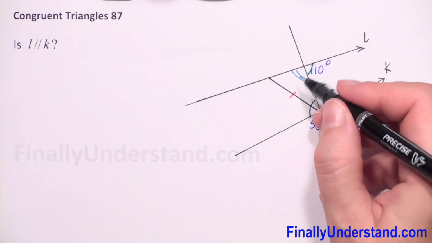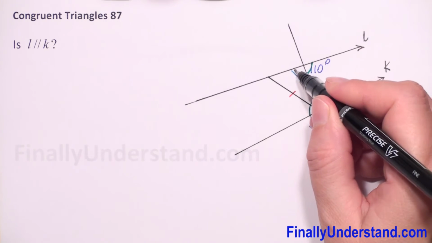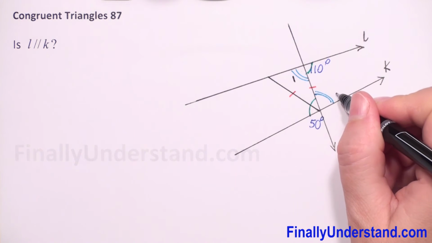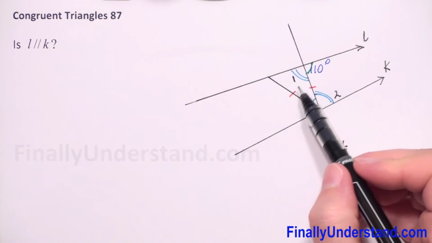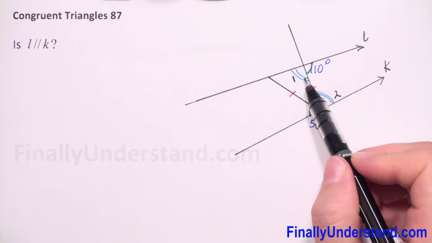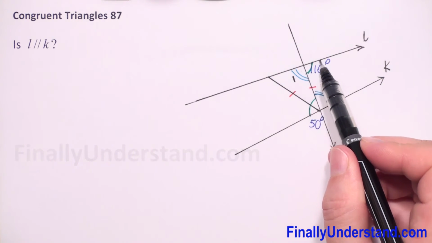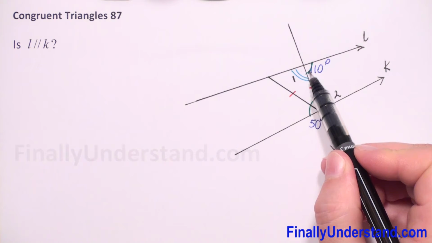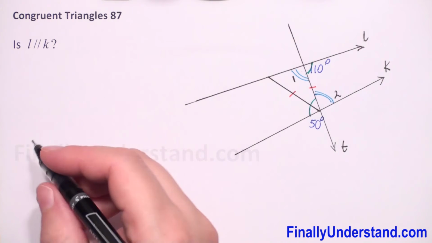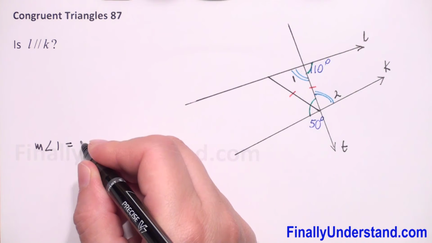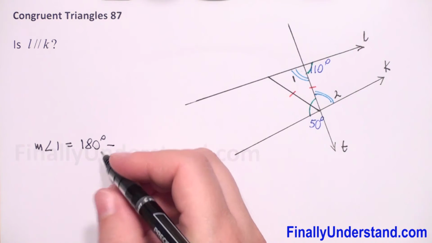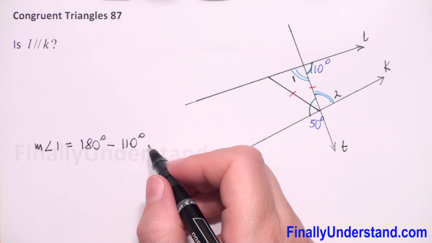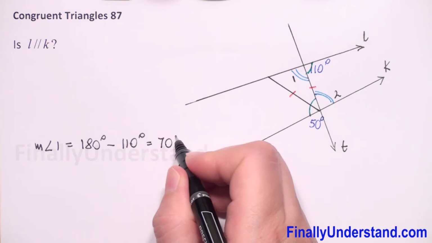So if I name this angle 1 and this angle 2, we have here supplementary angles, and because this angle is a straight angle and we know that a straight angle has 180 degrees, and we are given this angle is 110 degrees, the measure of angle 1 will be 180 degrees minus 110 degrees. So this is equal to 70 degrees.